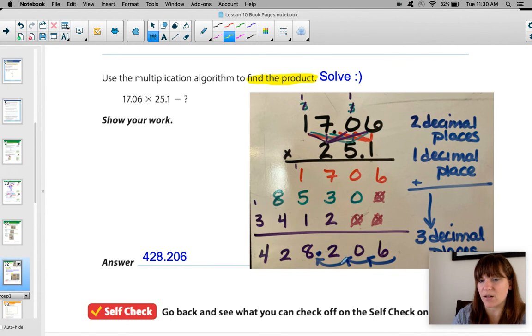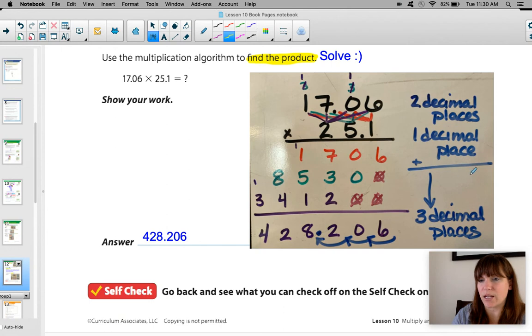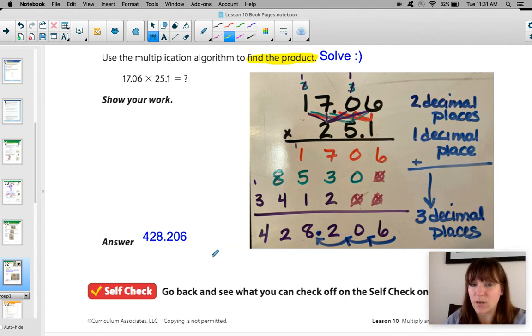And I'm adding it all up, as you can see, and I've added up the places already, knowing that it has to be 3 to the right of the decimal point. So I'm starting at the right of the number, moving 3 places, and putting my decimal point so that it's 428 and 206 thousandths.